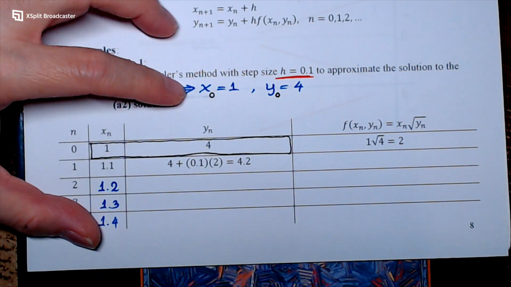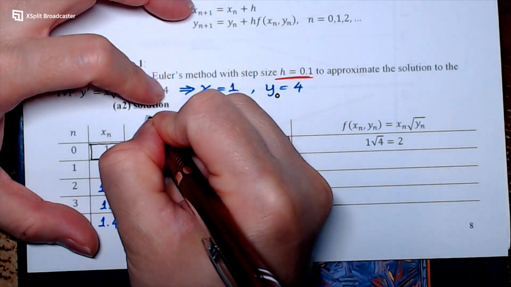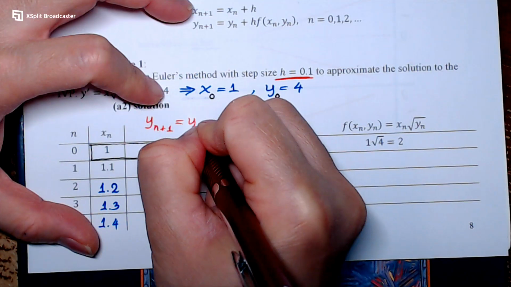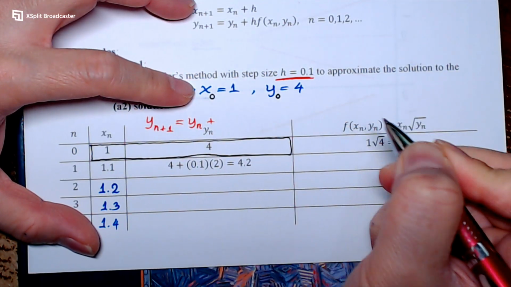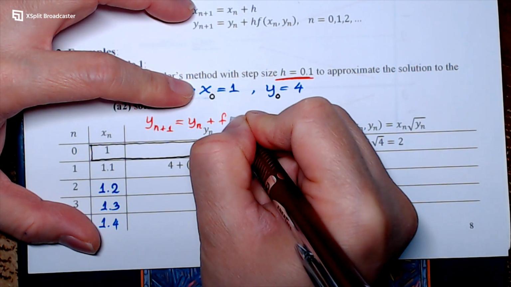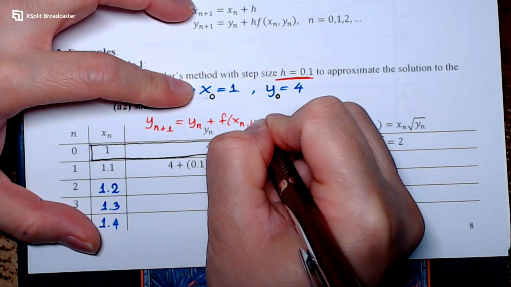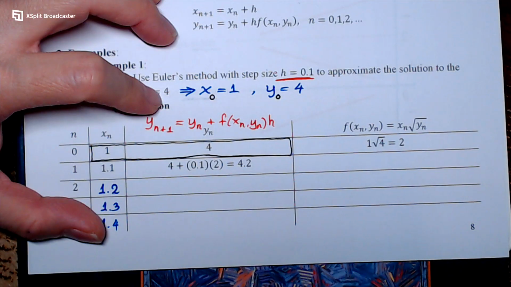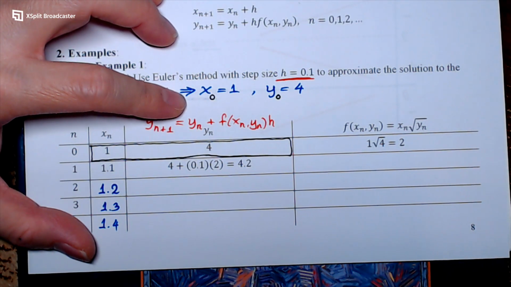So the y, when we have y sub n plus 1, the next y is equal to the previous y plus the slope times h. So we find the slope times h.